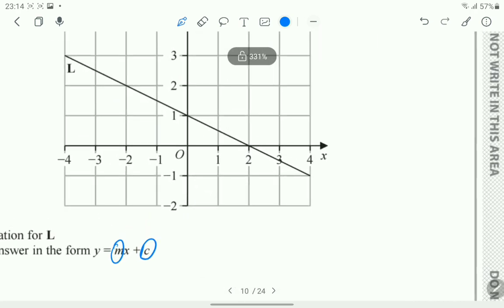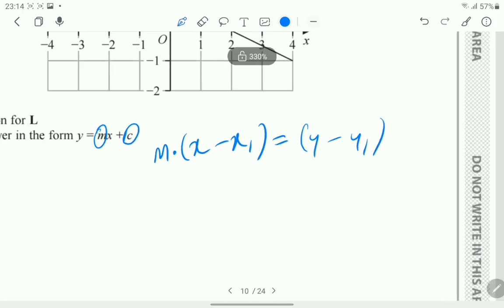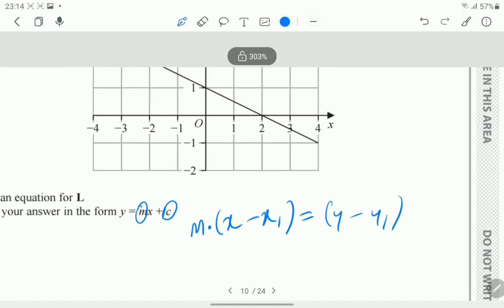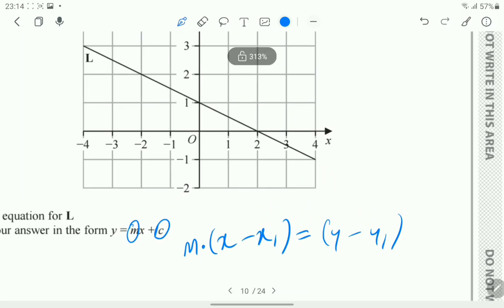So there is a formula for this, which is y minus y1 equals m multiplied by x minus x1. x1 and y1 are something we can pick up from this question. They are points on this line.